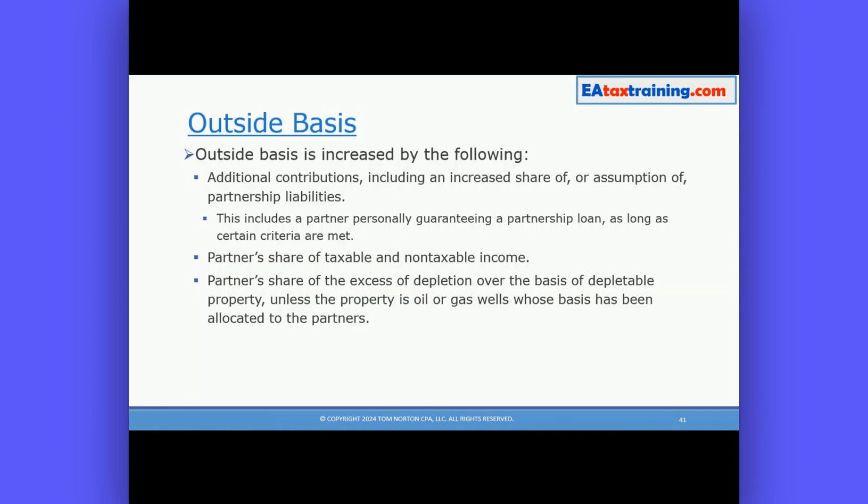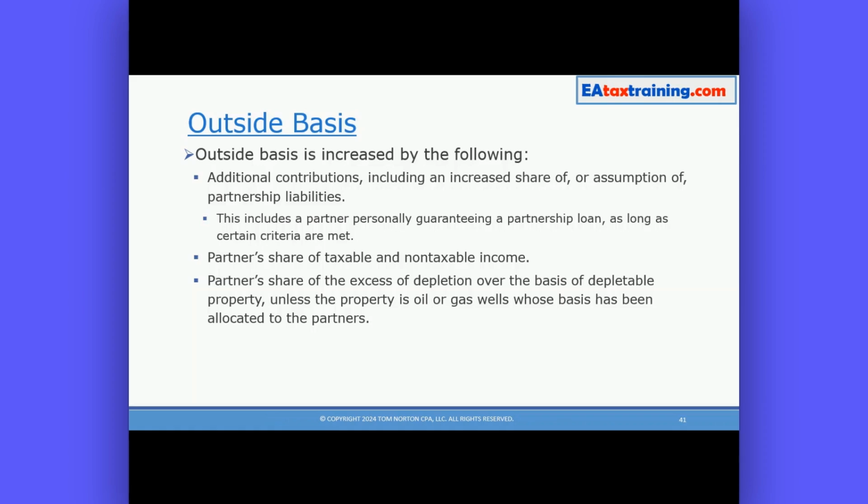What changes the outside basis? Outside basis is increased by the following: additional contributions that are made by the partner, including an increased share of or assumption of partnership liabilities. So this includes a partner personally guaranteeing a partnership loan, as long as certain criteria are met. This is one place, again, that's different between a partnership and an S corporation.